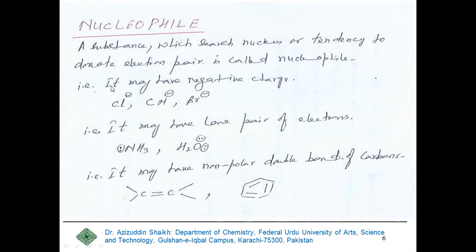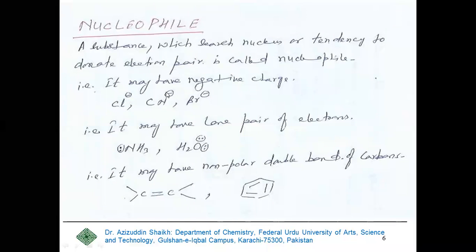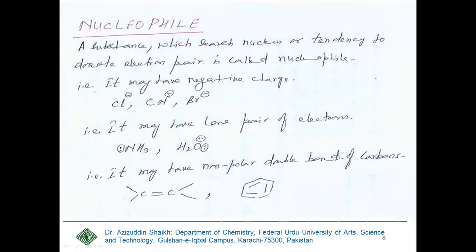What are the examples? It may have a negative charge, which shows they have an electron pair. Cl minus, CN minus, Br minus are examples of nucleophiles.